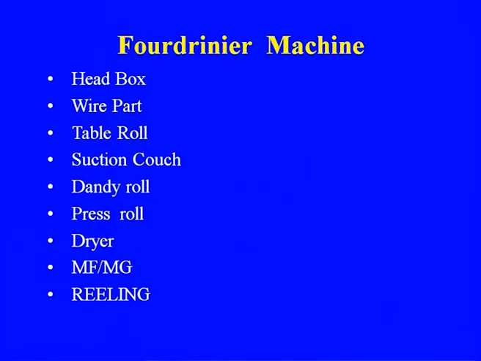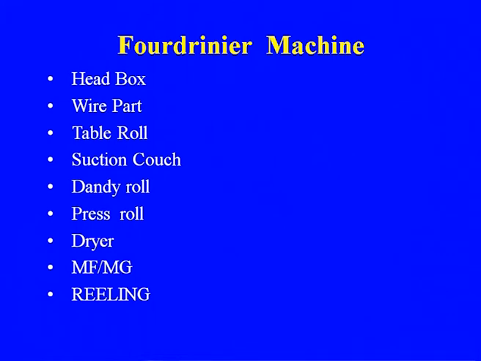These are the various sections in the case of the Fourdrinier machine: the head box, from where the pulp is distributed over the wire part; then the wire part, where the major drainage of the water takes place; then the table rolls, which help in supporting the wire; and the suction couch, where vacuum suction removes the water which was not removed on the wire part.